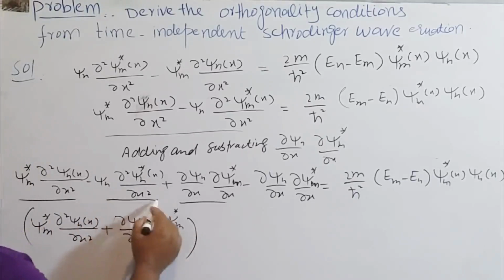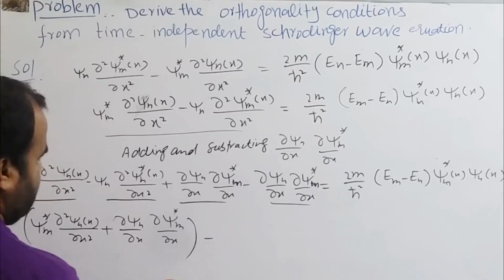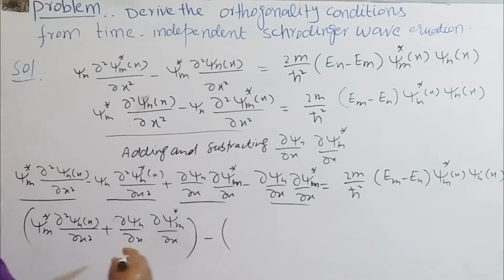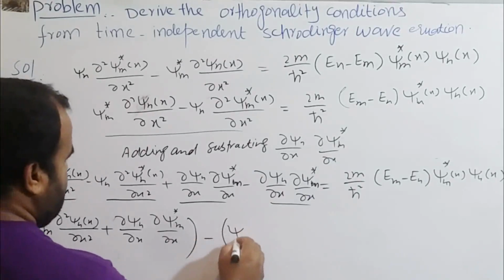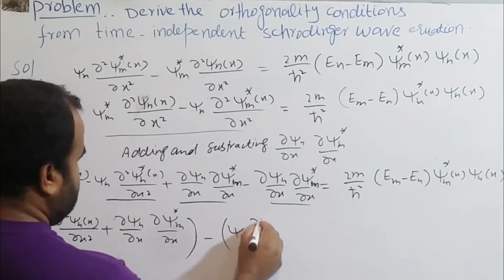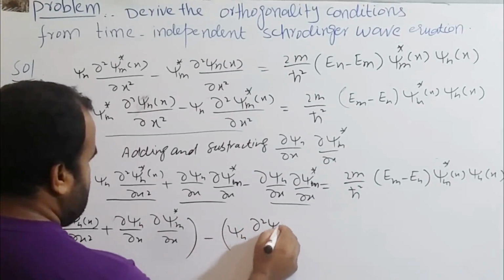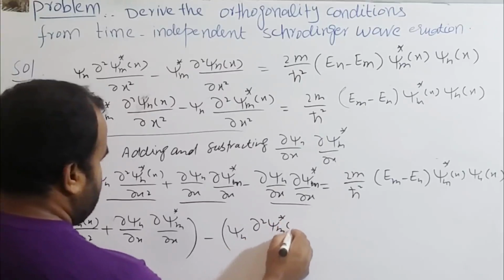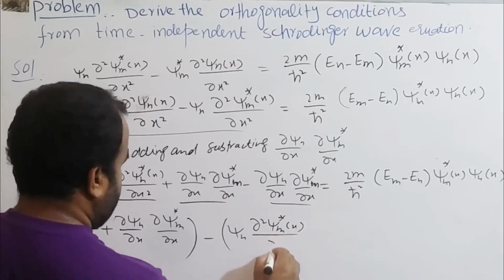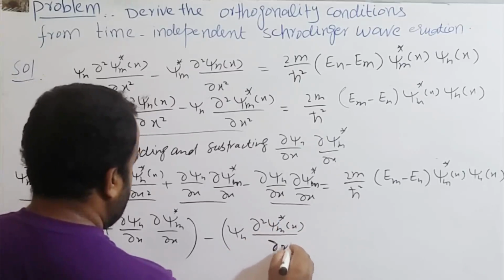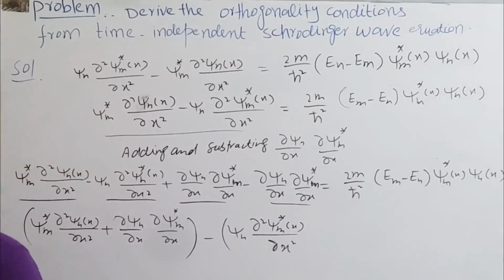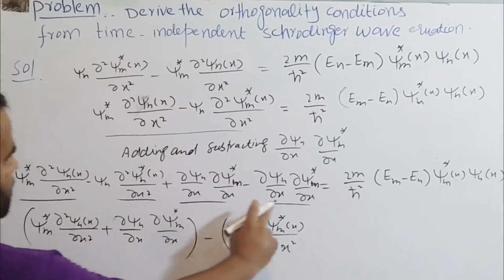Now these two terms, taking minus common from these two terms, it will be ψn ∂²ψm* of x divided by ∂x². Okay. Now take common this term and this term.